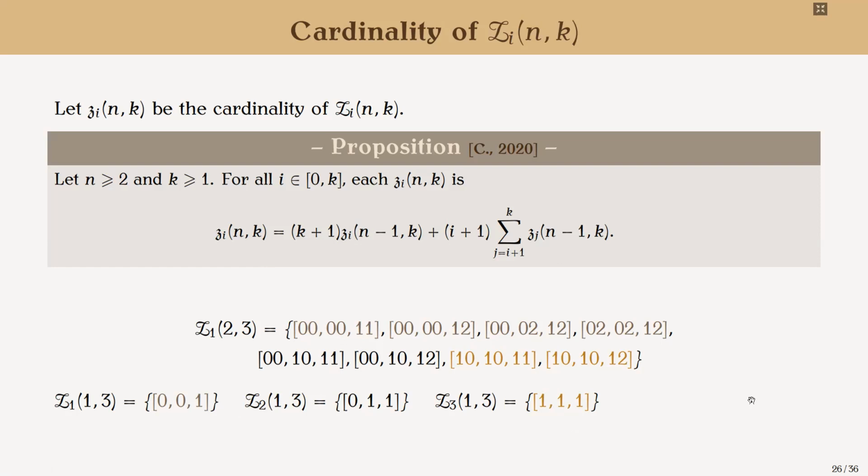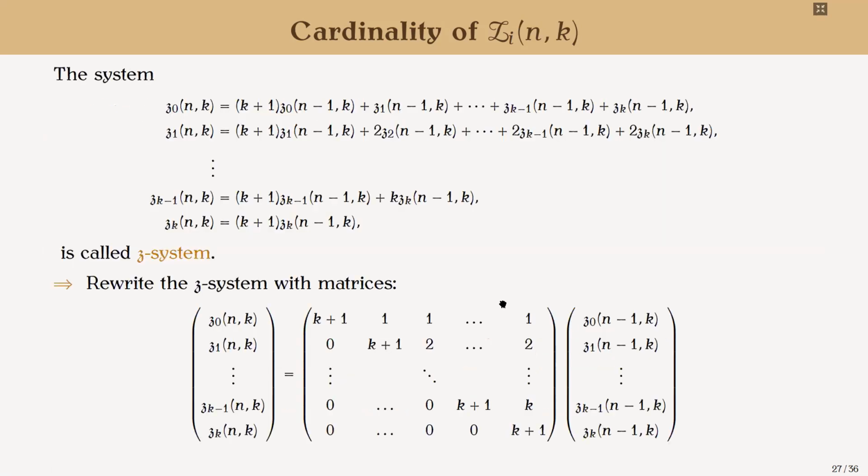And this formula we can rewrite via triangular matrices. So this is all the description of the cardinality of all the sets Zi.